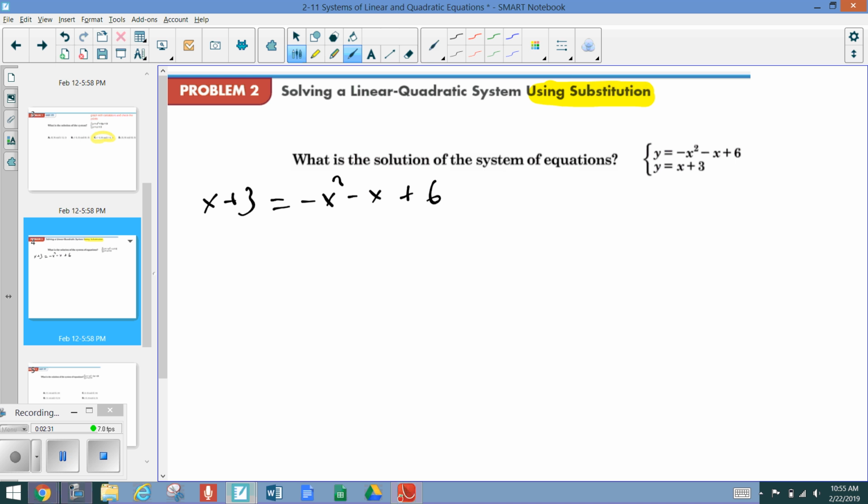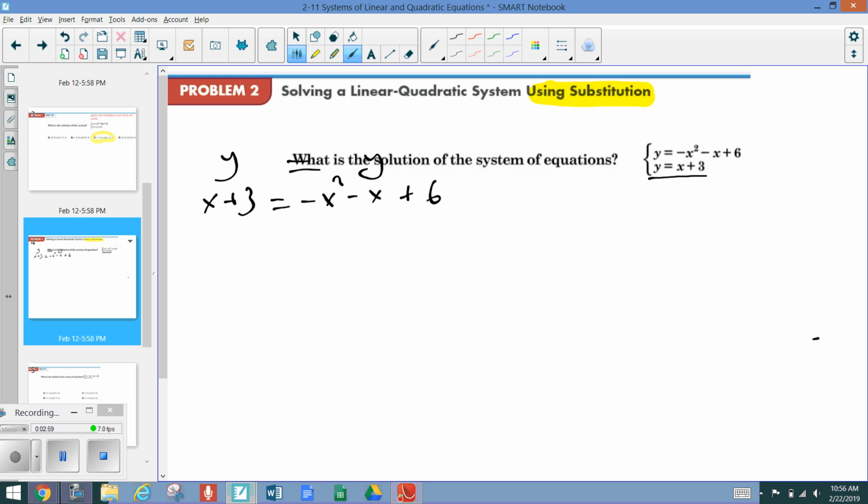In this case, since both of them are y, y is equal to x plus 3, correct? X plus 3 is equal to y, and at the same time, -x squared minus x plus 6 is also equal to y, so the y's are equal. That means the other portions should be equal.